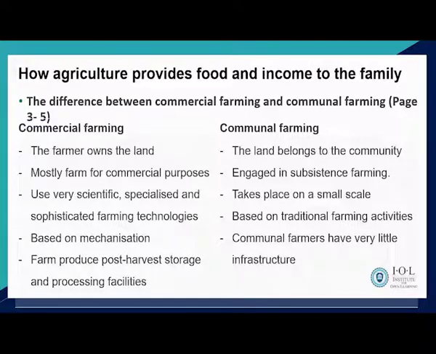Commercial farming is based on mechanization, whereas in a communal farming setup, we are still using traditional farming methods. Commercial farmers usually have farm produce, post-harvest storage, as well as processing facilities, whereas communal farmers have very little to no infrastructure.